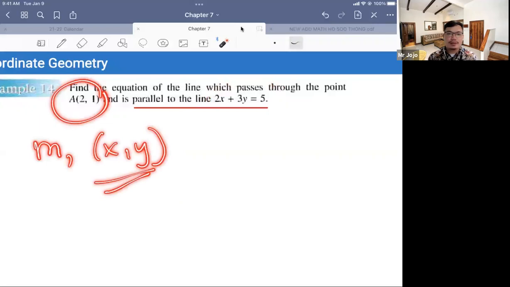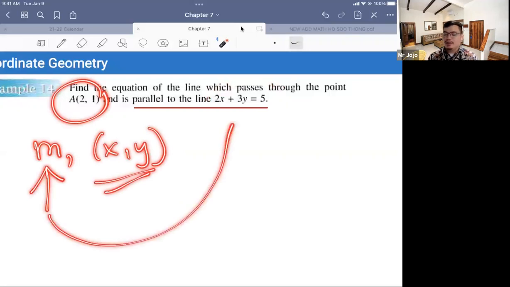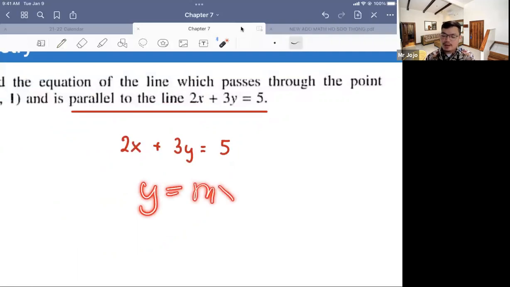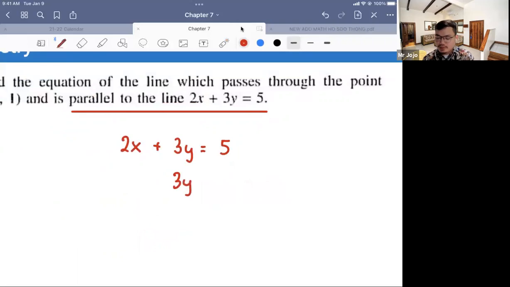So what do we need to find? We need to find the gradient, and the gradient can be found by rearranging the second equation. So I'm going to rearrange this: 2x plus 3y equals 5, into y equals mx plus c format. We bring down 3y, transpose 2x becomes minus 2x, and then plus 5.